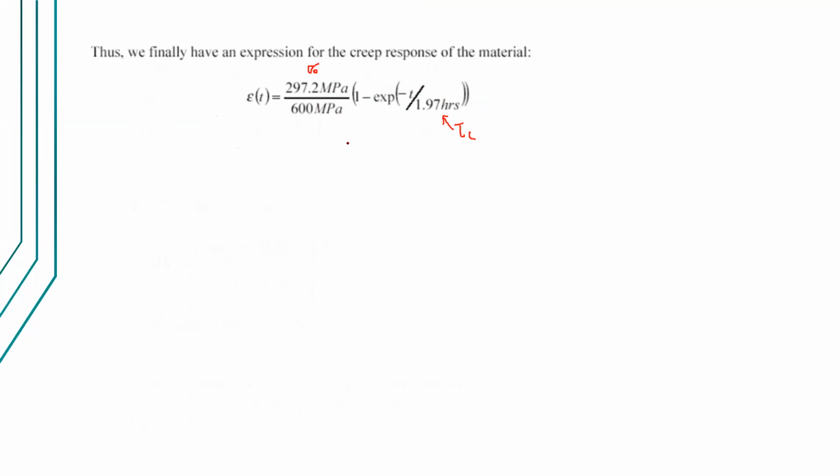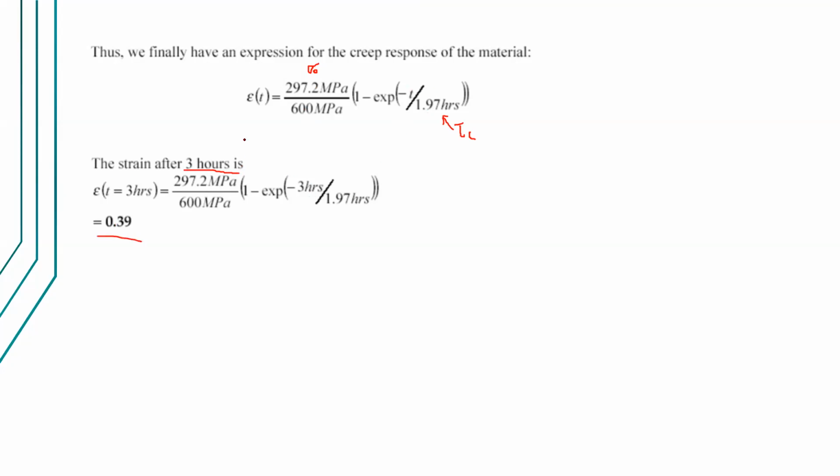The problem asks for the strain after 3 hours, so all you have to do is substitute 3 hours for t, and you will get the strain. The answer is 0.39.